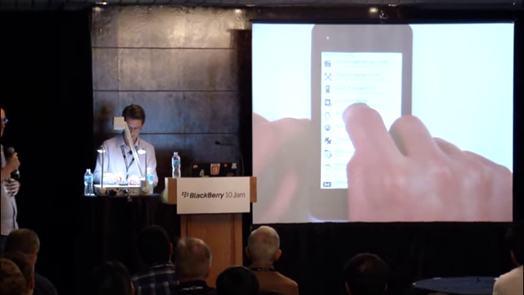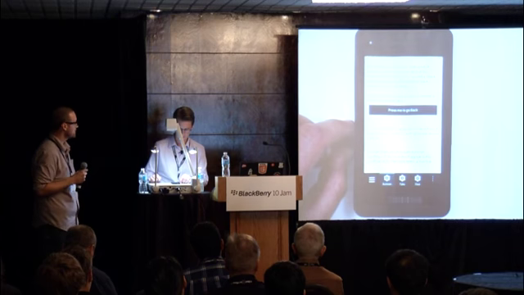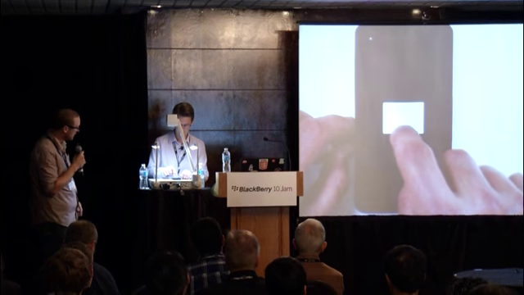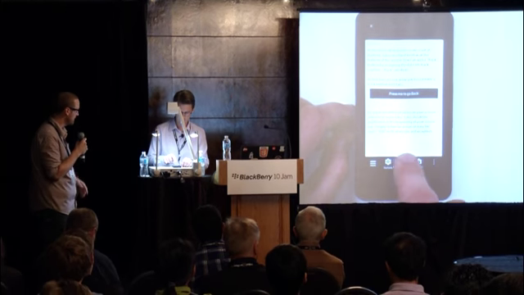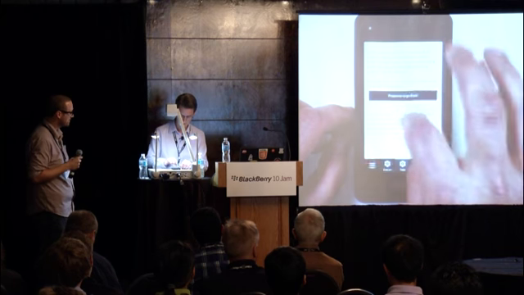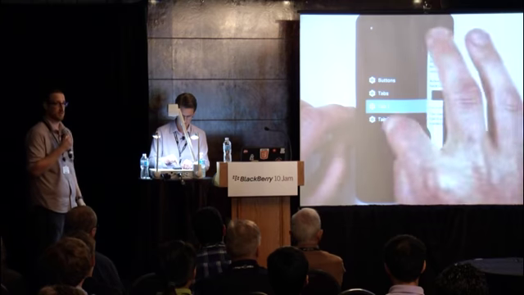Is this a button? Is this a context menu? An action bar? So it supports things like the overflows, we've got the tab overflow on the left there. So really, really powerful toolkit.